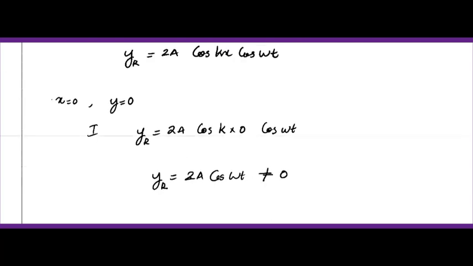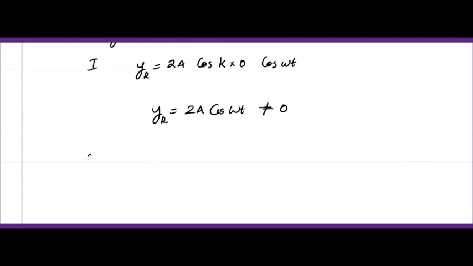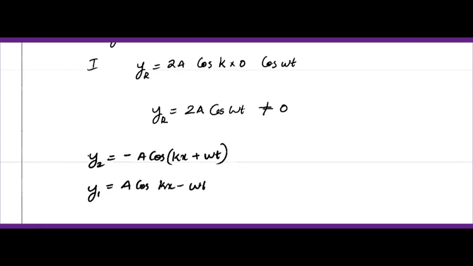So we'll move on to the next part. We will consider y2 as minus a cos(kx plus omega t). This will be our other wave, and our given equation is y1 equals a cos(kx minus omega t).